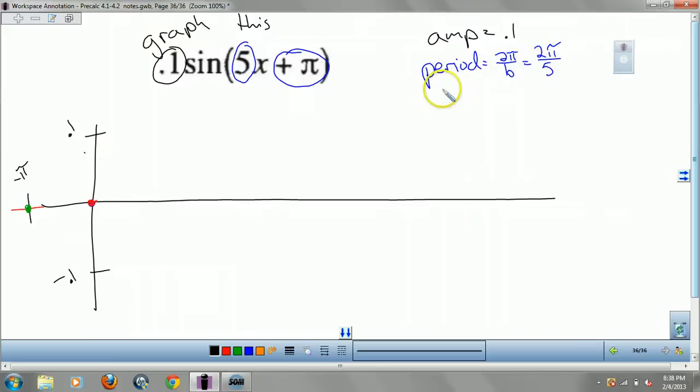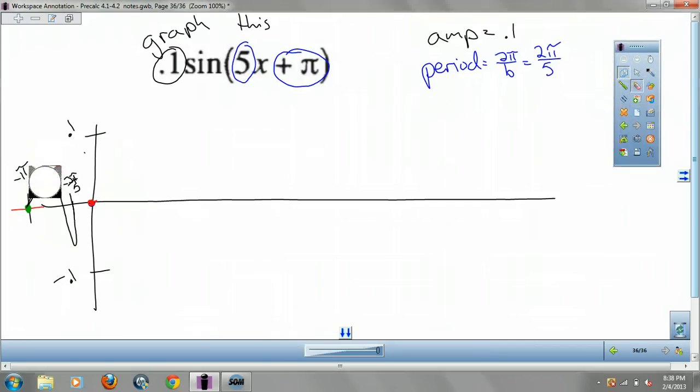So what's negative pi plus 2 pi over 5? Well, it's going to be negative 3 pi over 5. So we're going to do one whole cycle, and we're going to get to negative 3 pi over 5. This is a terrible example to start off with, I just realized. Then we're going to go another 2 pi over 5 over. Okay?